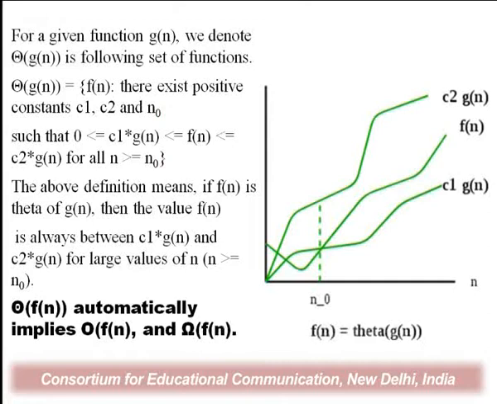Mathematically, C1 multiplied by g(n) is less than or equal to f(n), which is less than or equal to C2 multiplied by g(n), for all inputs where n is greater than n0. The meaning of this definition is that if f(n) is theta of g(n), then the value of f(n) always lies between C1 g(n) and C2 g(n).